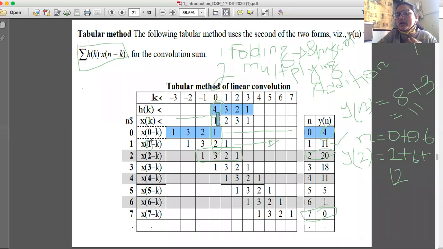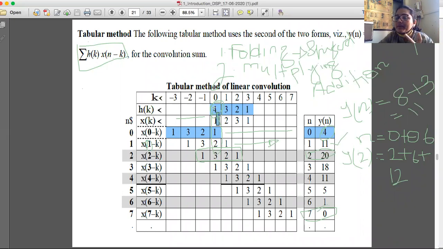So my first point y of 0 is calculated by performing multiplication and then addition. The 0th point of h of k gets multiplied by the 0th point of x of minus k.